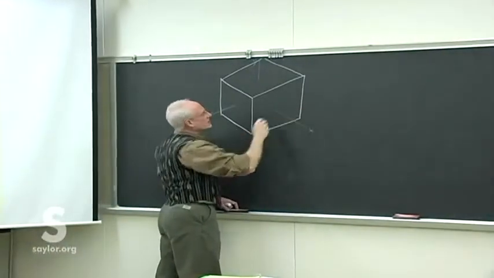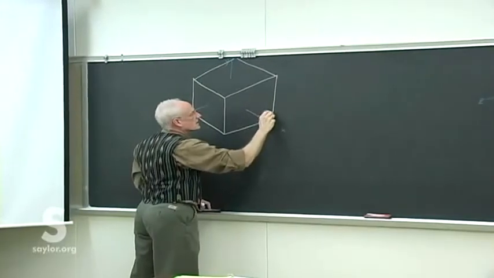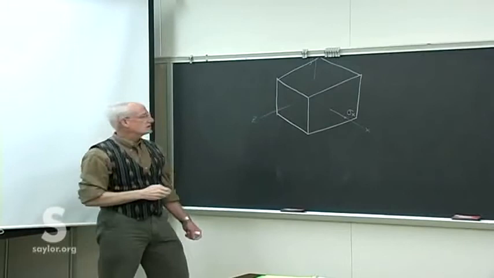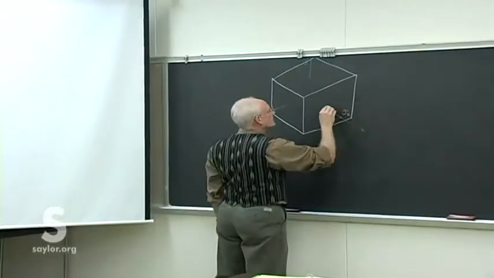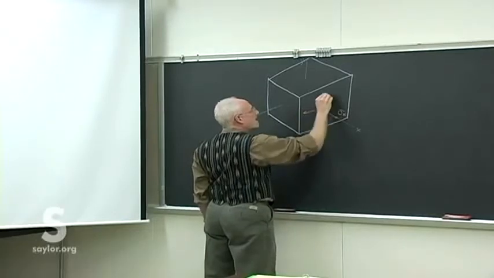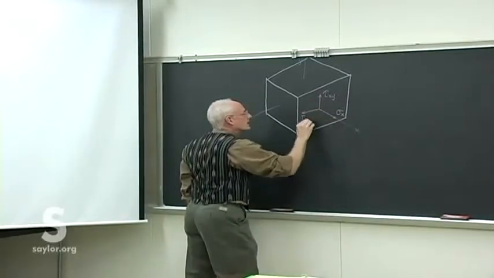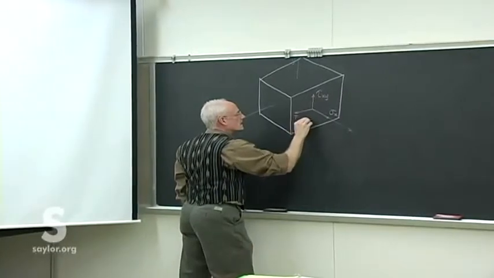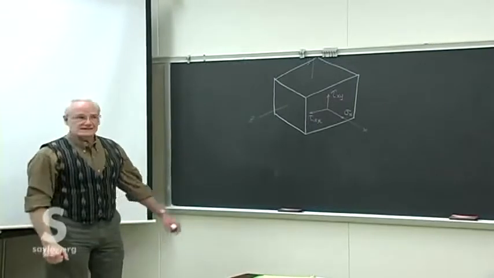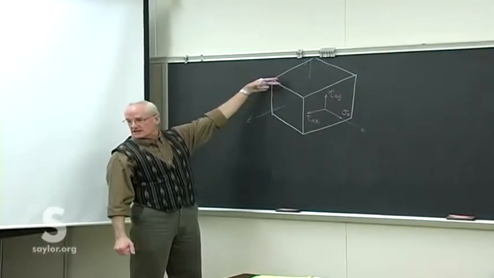So the ones I've already drawn there, I have a sigma x, we'll call it, a normal stress in the x direction, and then those two shear stresses. Remember, their direction is arbitrary. And then there's an exact copy of that on the back face that I'm not going to draw.